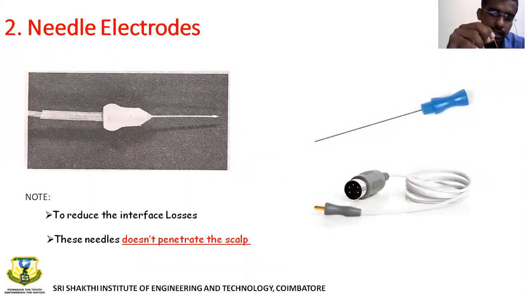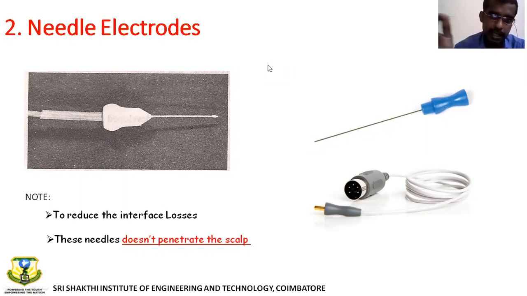This needle electrode is used in places where the interference has to be much lower, or specifically in places where EEG, electroencephalogram, is used. Anyway, we'll see what EEG is in the first unit. It is the record of brain activity.